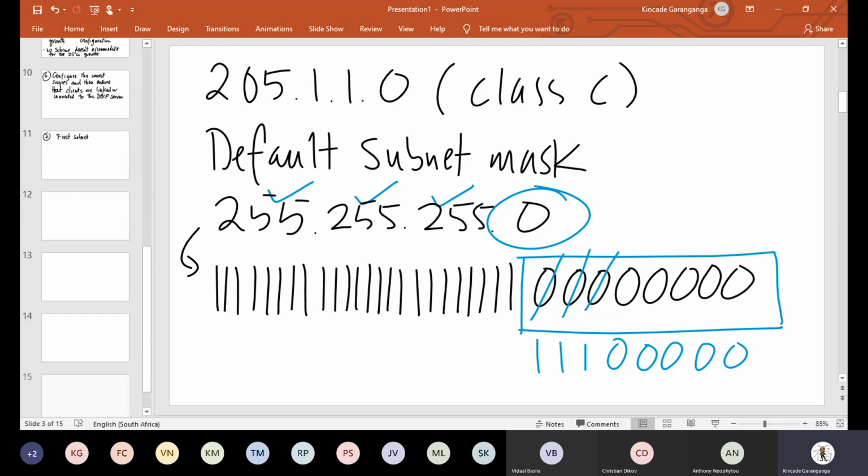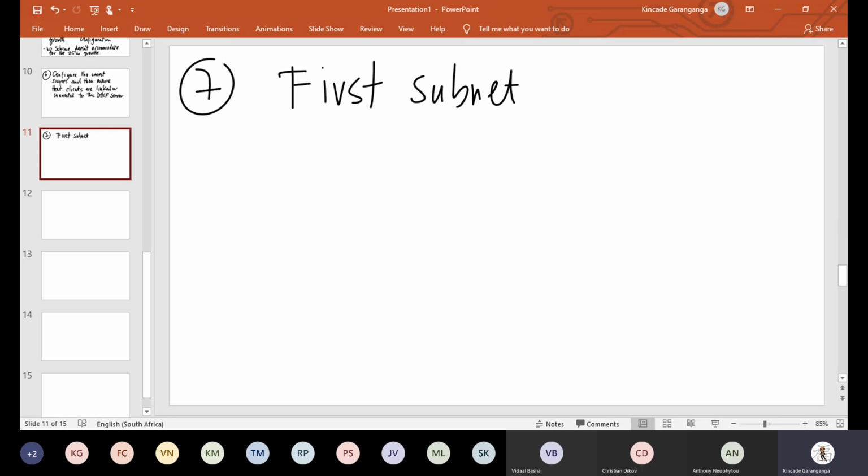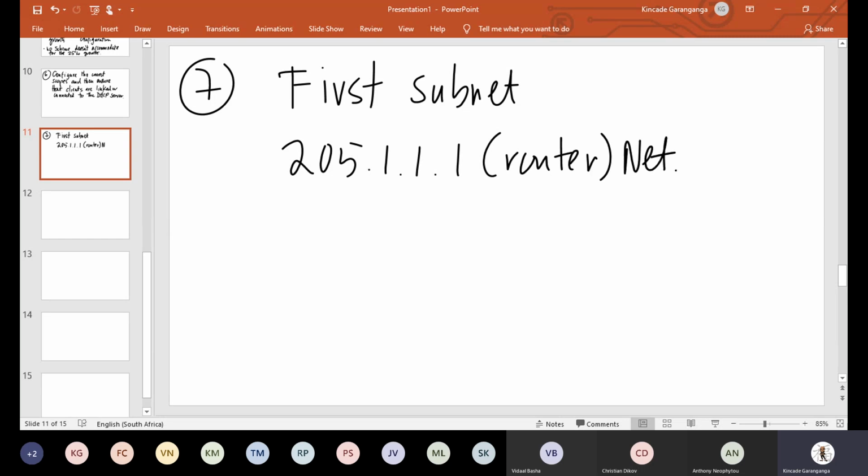So if you look at it from a different perspective here, it means that our first address is going to be 205.1.1.1, and this particular address is going to be given to your router, and obviously this typically represents the net ID. All right, and then the second address, which is 205.1.1.2, is the one that now can be given to our first computer system.